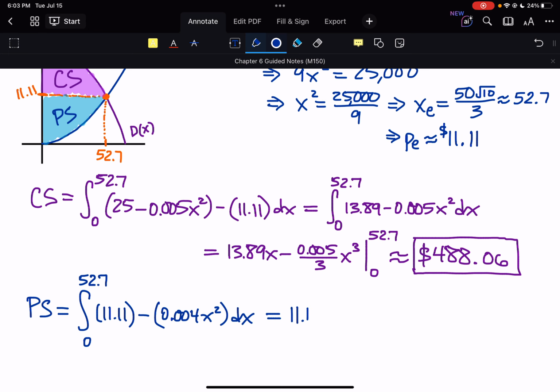So that's 11.11x minus 0.004 over 3 x cubed from 0 to 52.7. Do the evaluation and round to the nearest cent. We're going to get approximately $390.35.